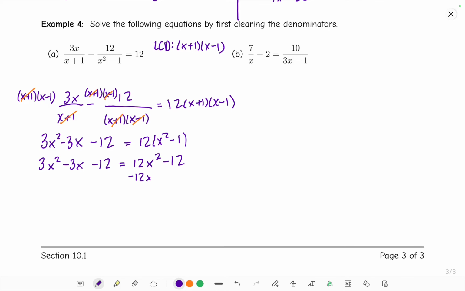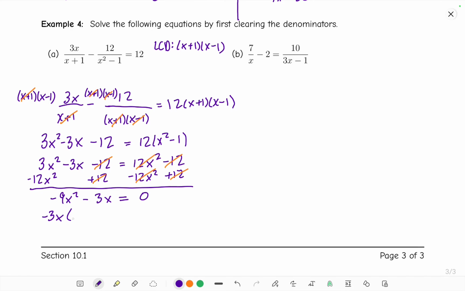Get 0 on one side. So then we get negative 9x squared minus 3x equals 0.